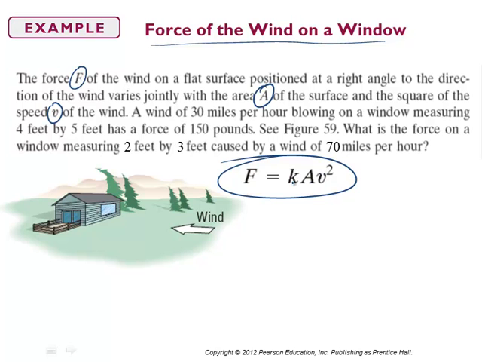Now we need to solve for K. A speed of 30 miles per hour, that's V, so we're going to have 30 squared there. Blowing on the window, measuring 4 feet by 5 feet, so that's an area of 20 square feet, so you're going to have 20 times 30 squared, and has a force of 150 pounds.